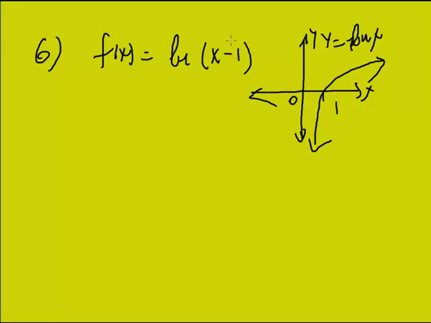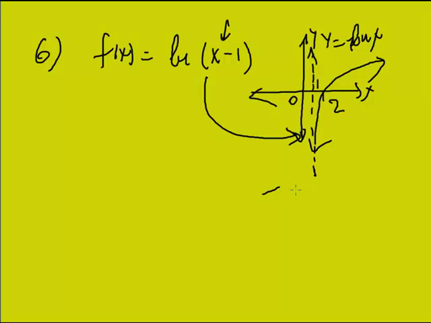But this right here tells me my graph is going to move one step in which direction? To the right. So instead of this being 1, that now turns into 2. So now that is the graph of that. The vertical asymptote is going to be at 1. It's going to move over also. So there's the graph.